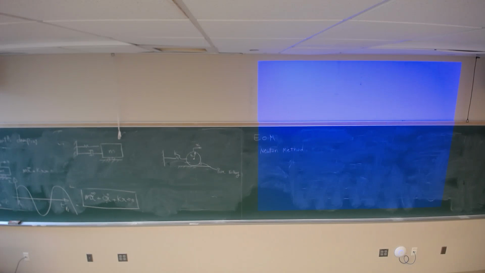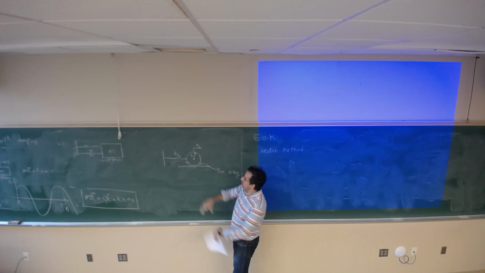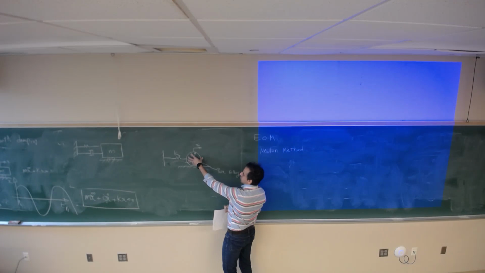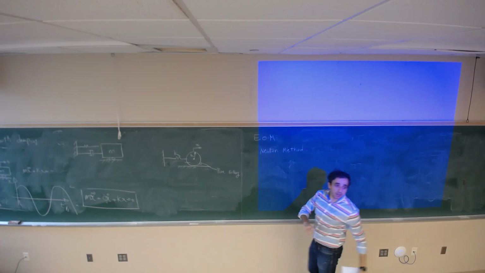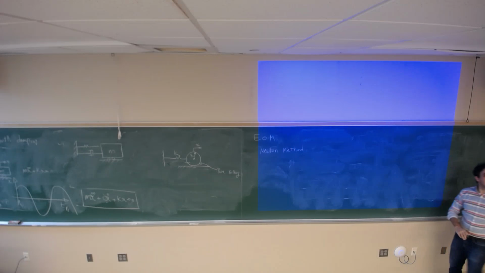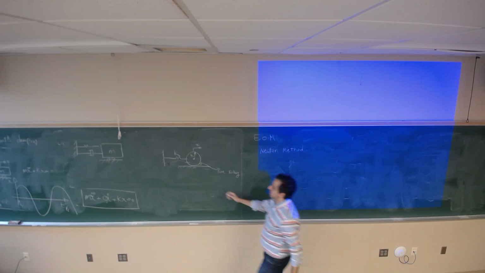Which force is making this rotation happen? If I just rotate this, which force is gonna make this rotation happen? If we assume that we have pure rolling, what is making it happen?